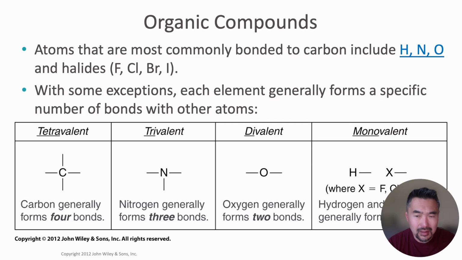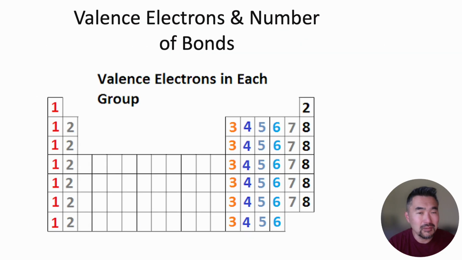This is a really important table to be familiar with. It comes from the fact that if you look at the periodic table, you should be able to predict the number of valence electrons, those are the electrons in the outermost shell of an atom. I hope it makes sense that you need this number of bonds to complete the octet rule.